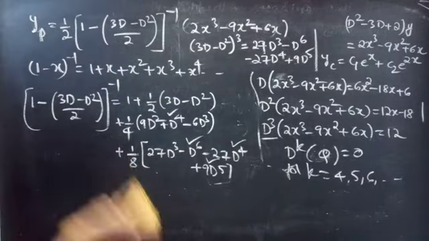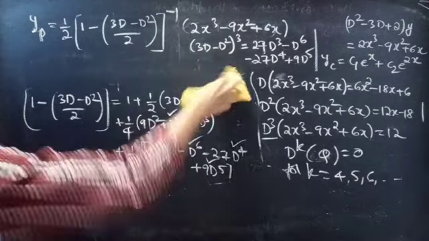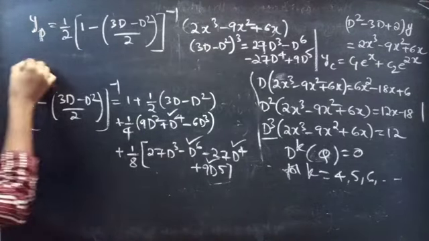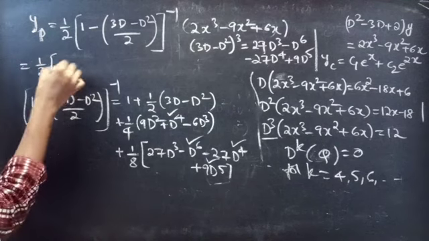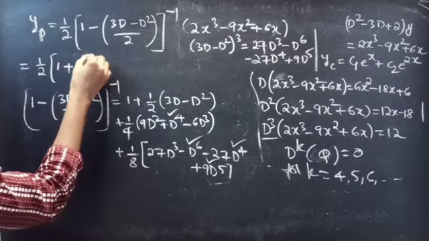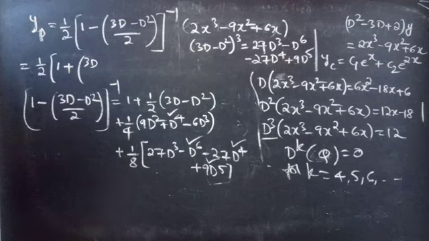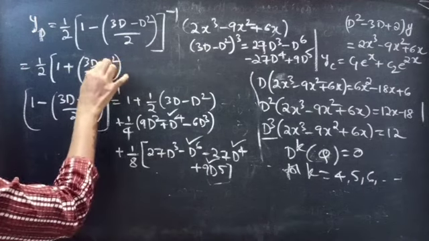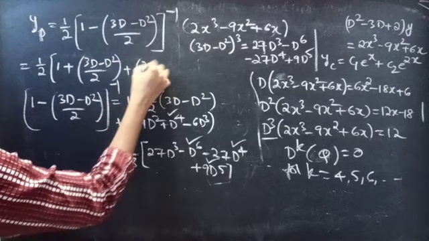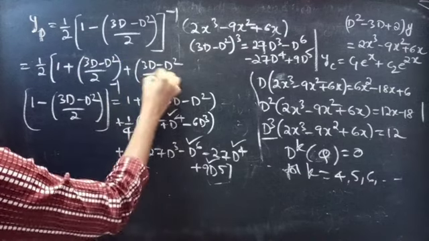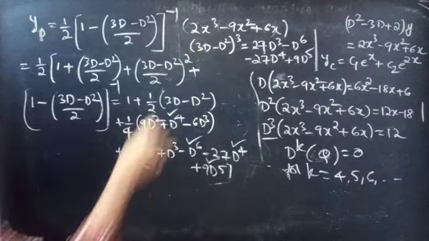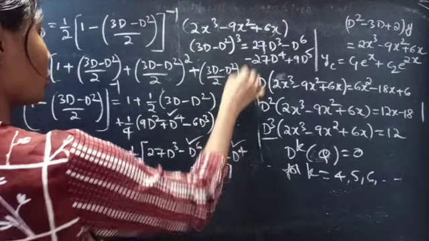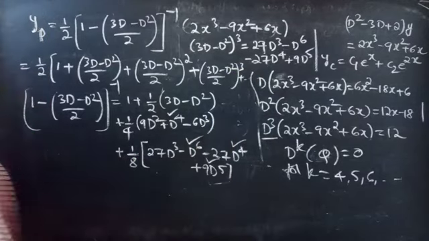Now coming to yp, we'll expand this: 1 by 2 into 1 plus x, where x is (3d minus d square) by 2, plus (3d minus d square by 2) whole square plus (3d minus d square by 2) whole cube plus so on, right?